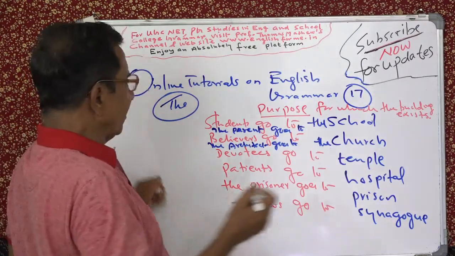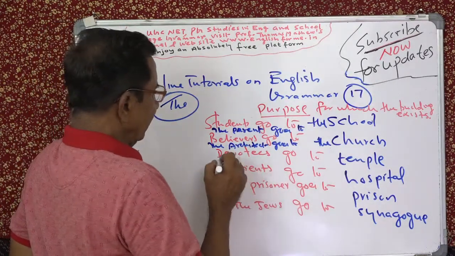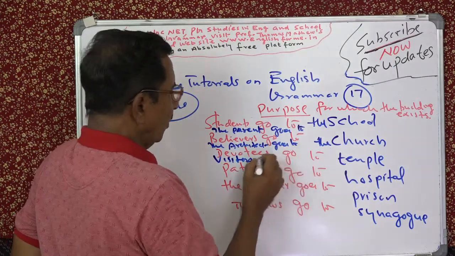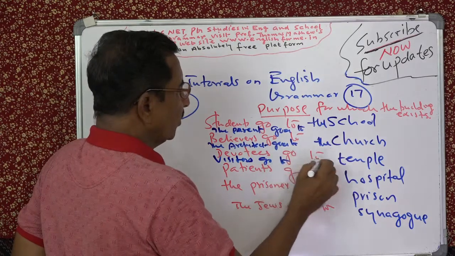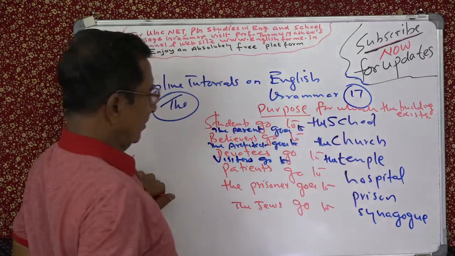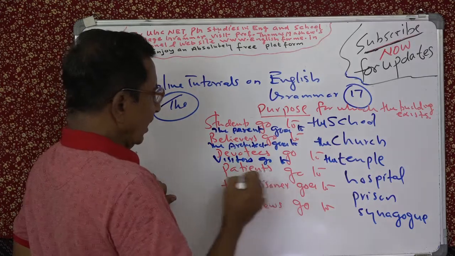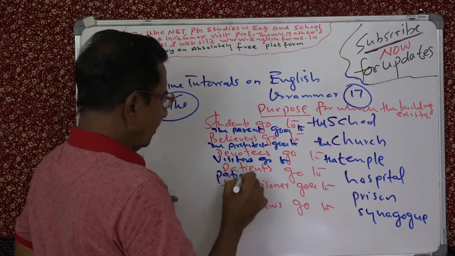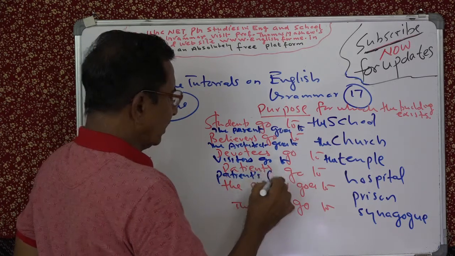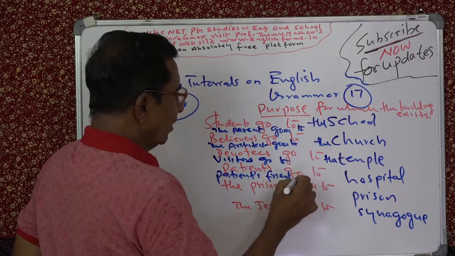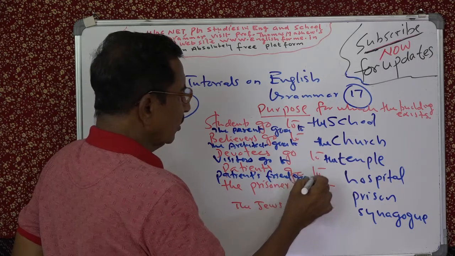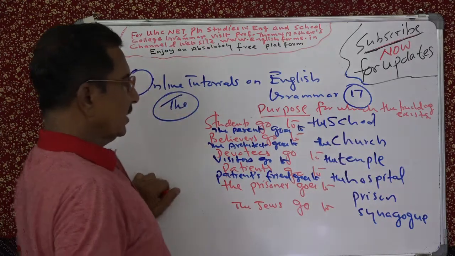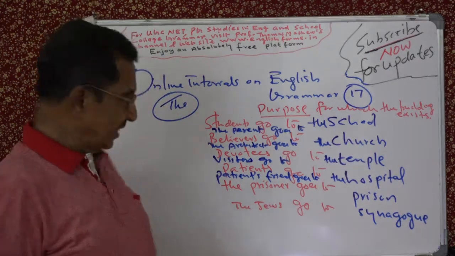Devotees go to temple. You can say visitors go to the temple. And you can say here, patient's friend goes to the hospital, because he did not go there for treatment.